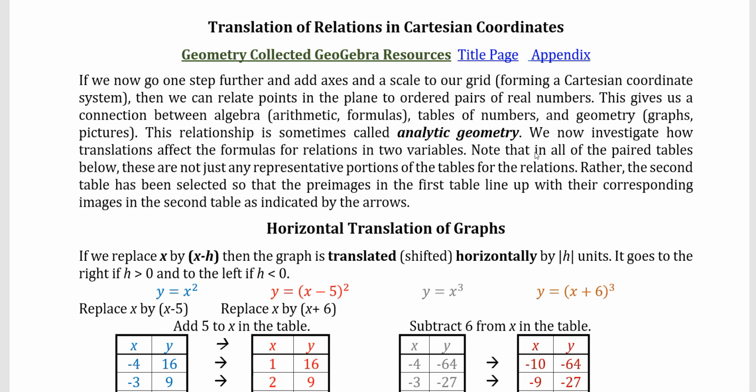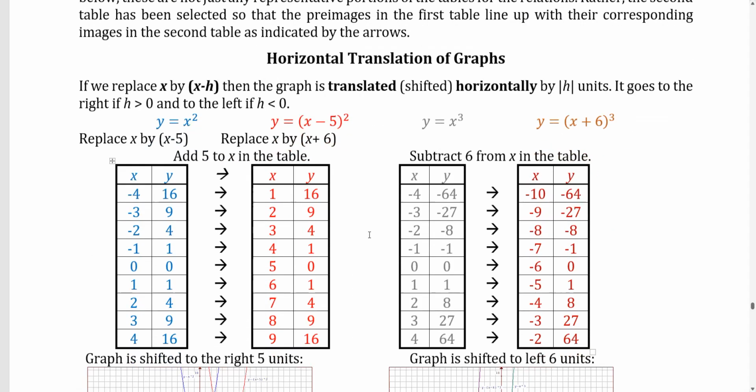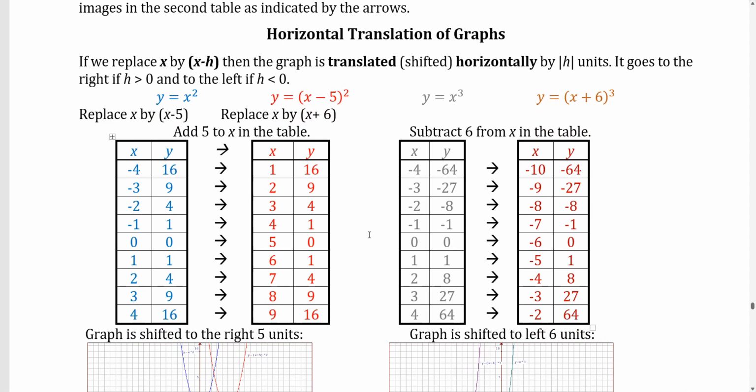This relationship is analytic geometry. So let's look at what happens when we change certain things in the formula. How does that relate to what's happening with the graph or the geometry? How do changes in the algebra affect changes in the geometry?